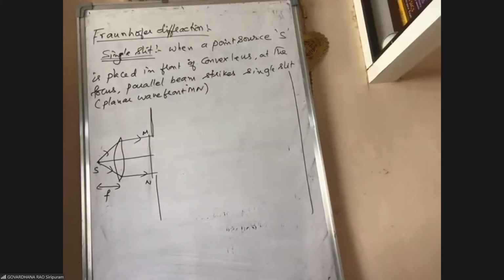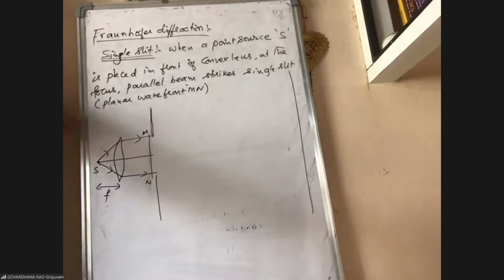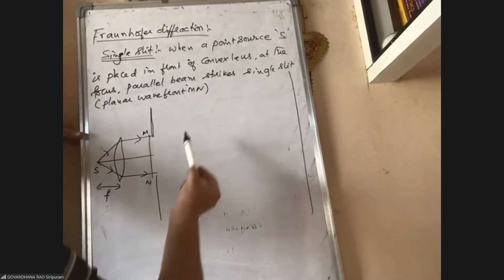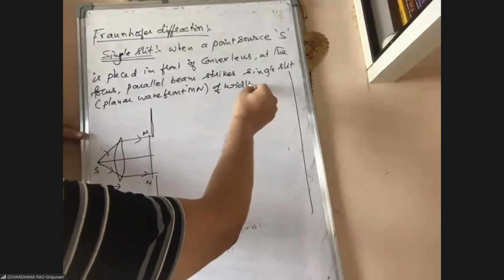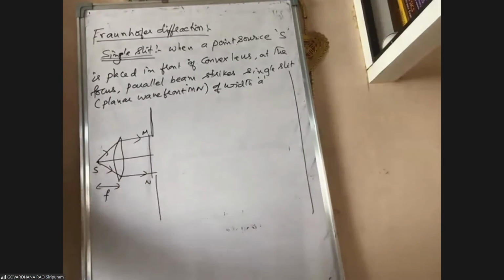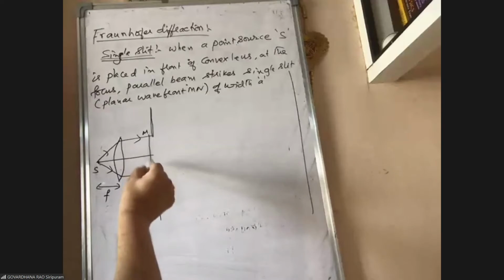The planar wavefront strikes a single slit of width a. This is the a width.